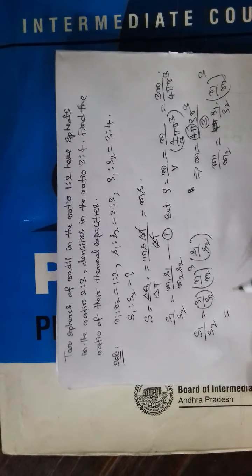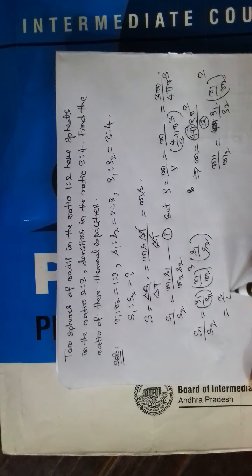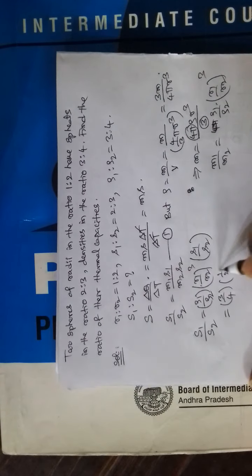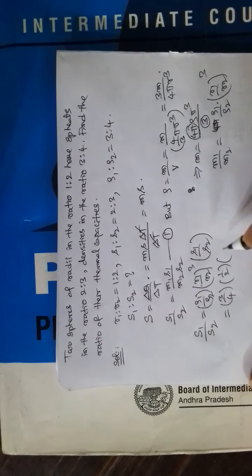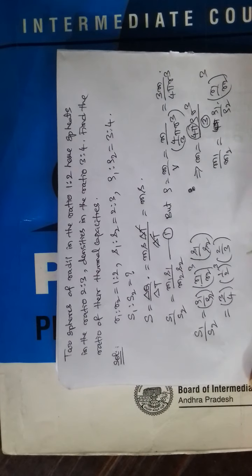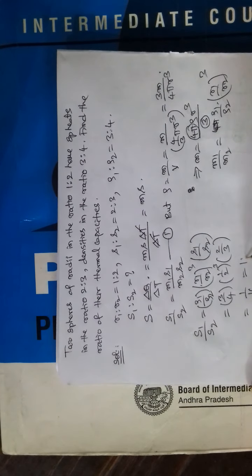Substituting the values, rho 1 by rho 2 is 3 by 4, r1 by r2 is 1 by 2 cubed, s1 by s2 is 2 by 3, so that we get 1 by 16, that is 1:16.